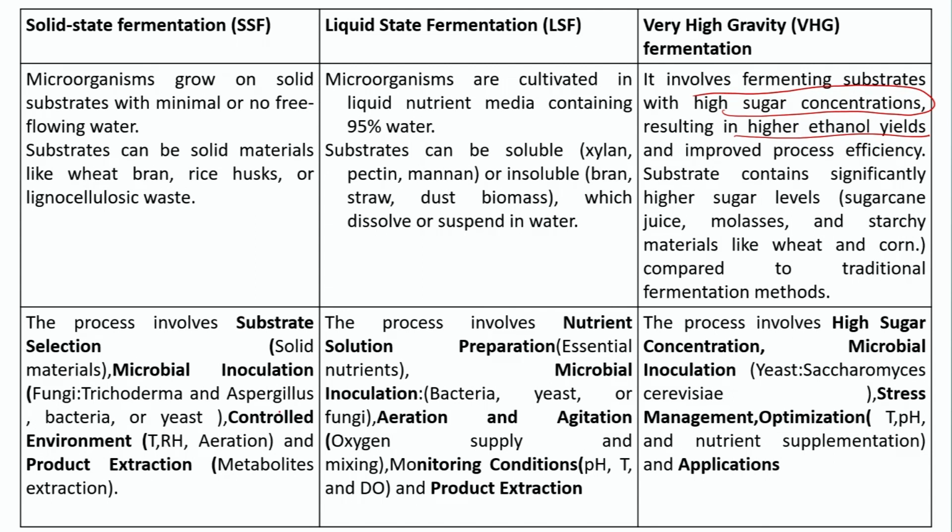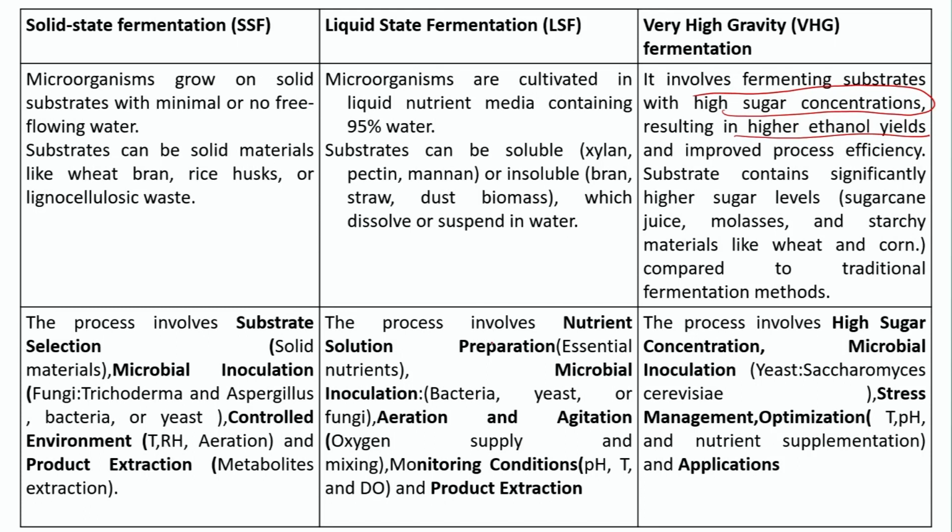When I'm talking about microbial, definitely fungi are involved, and among those fungi, Trichoderma and Aspergillus are very predominant, and then bacteria and yeast are also involved, followed by a controlled environment that we need to take care of, whether it is temperature, relative humidity, or aeration, as well as the product extraction.